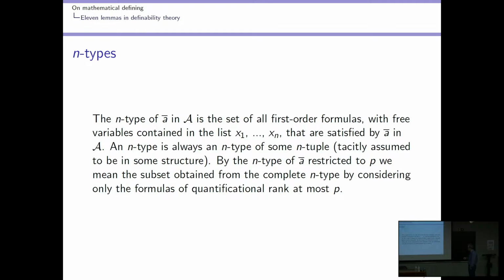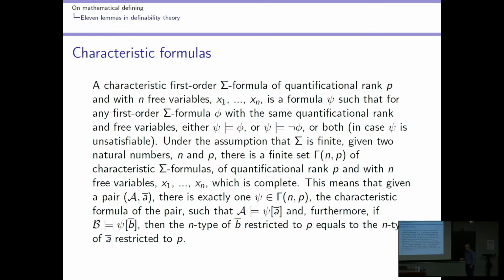And the finite signature will imply that this part of the n-type can be captured by a single formula. So those are the characteristic formulas. A characteristic first-order sigma formula, of quantificational rank P and with n free variables, is a formula psi such that for any first-order formula phi with the same quantificational rank and free variables, either psi implies phi or psi implies not phi, or both if psi is unsatisfiable, right?